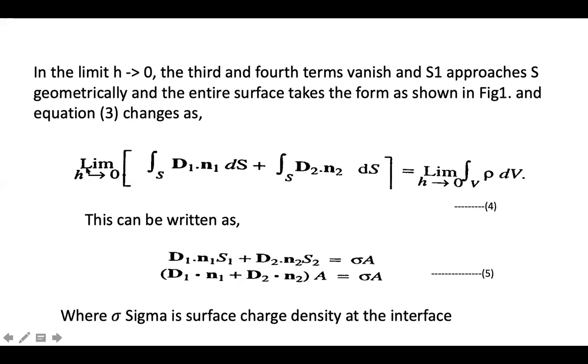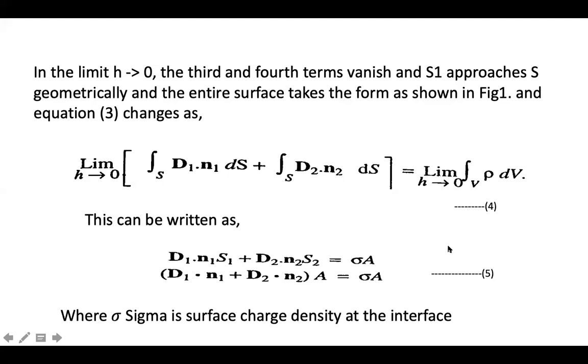You can see that under the limit h approaching 0, in the integration, instead of S1 it has become S, and S2 also has become S, because there is no extra surface right now. It's a thin area like capital A. So we take S here and S here, and on this side also we apply the same limit, h tends to 0, integration over V of rho dV.